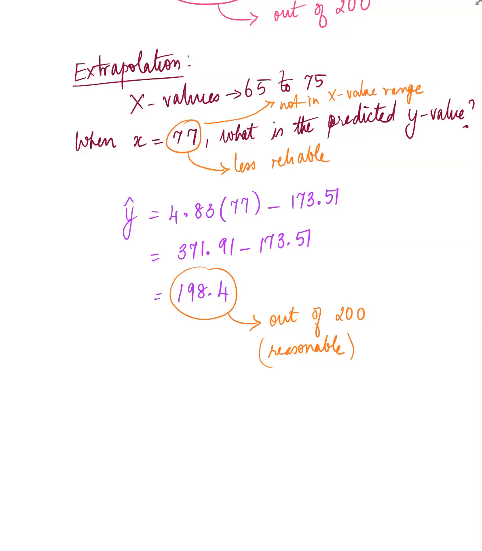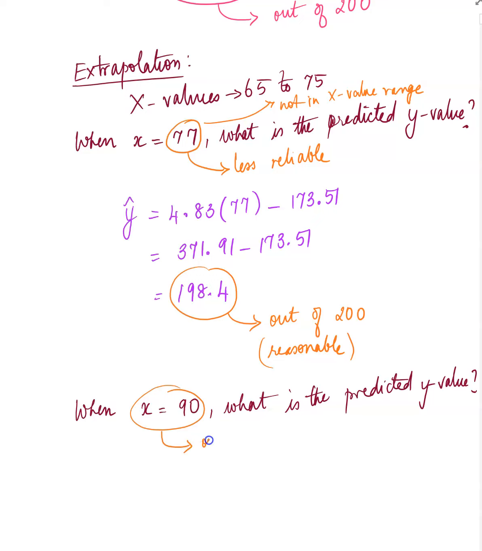Okay. And in extrapolation, we also have another option. What if I chose x to be 90? What is the predicted y? You can see right away that x equals 90 is outside the 65 to 75 range, one. And secondly, it is more than the highest score, right? More than 80 points. You can only earn 80 points, but here you are choosing more than 80 points.